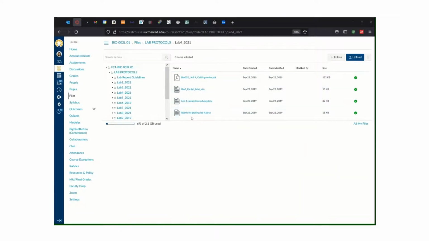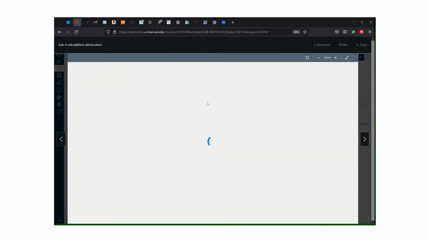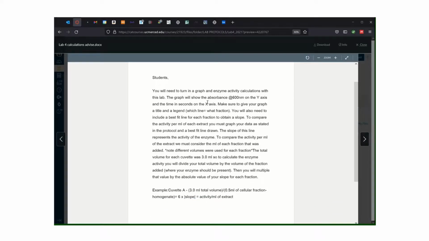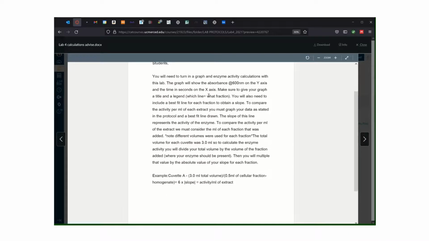Okay, so I'm in your Lab 4 documents. That's the cell organelles PDF, pre-lab. It's this document right here, calculations advice. And it says you will need to turn in a graph and enzyme activity calculations with this lab. The graph will show the absorbance at 600 nanometers on the y-axis and the time in seconds on the x-axis.